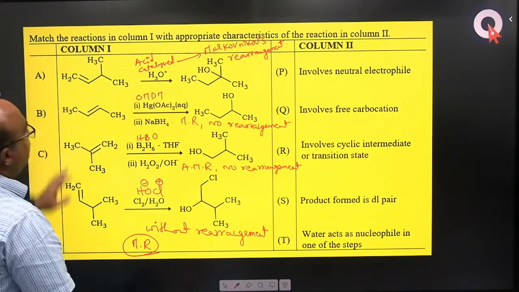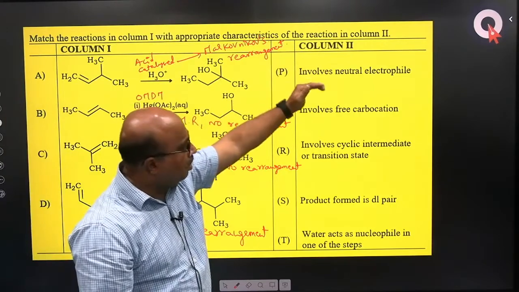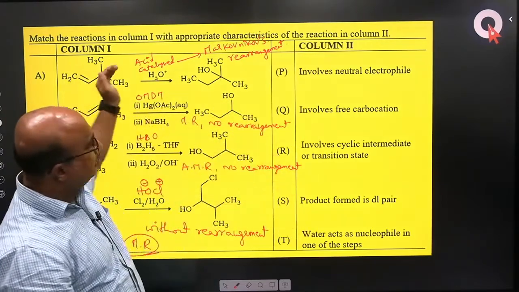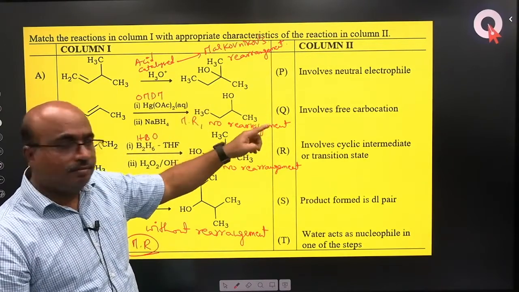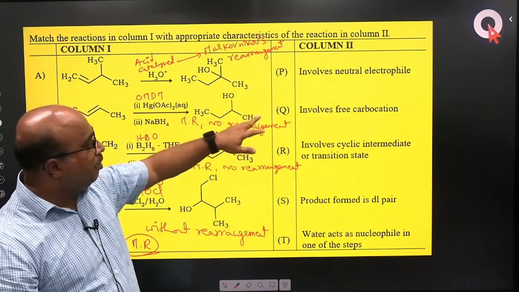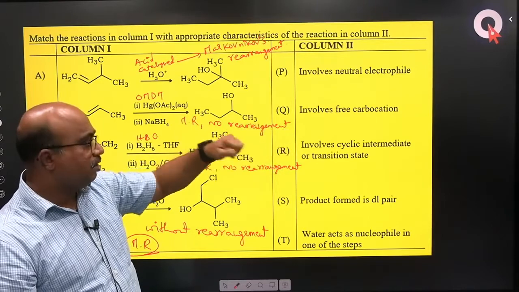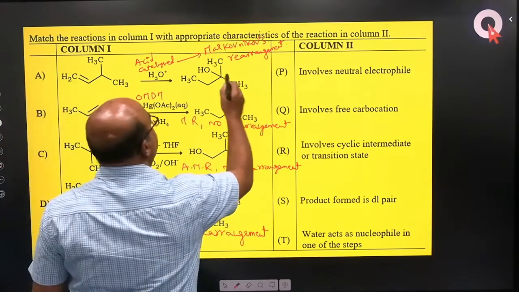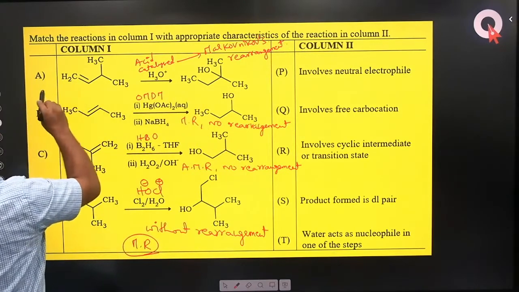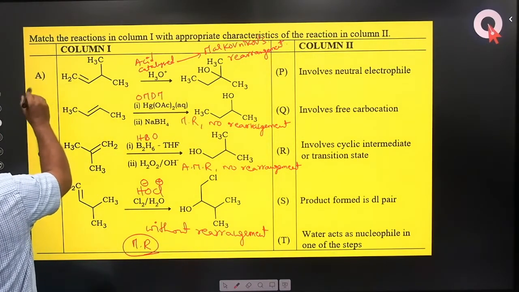Clear? So P will not come for this. Let us see any other options for the first option. So first, it won't involve a neutral electrophile. Next, involves free carbocation. Yes. So Q stands for this. So for A, you can say Q right here.